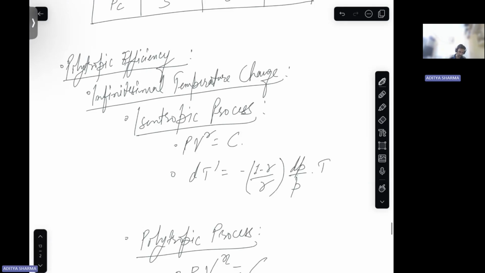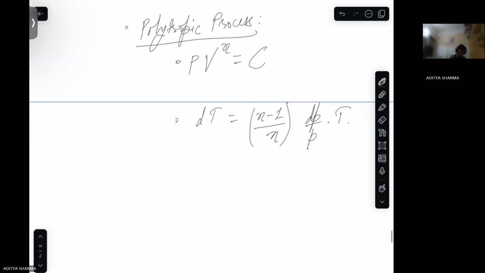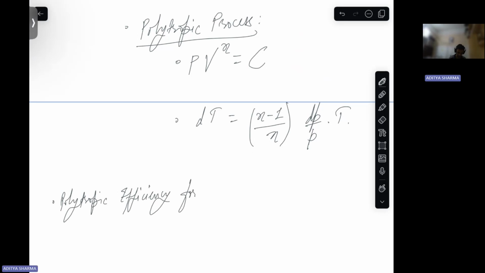But if you have to give it for a turbine, polytropic efficiency for a turbine.